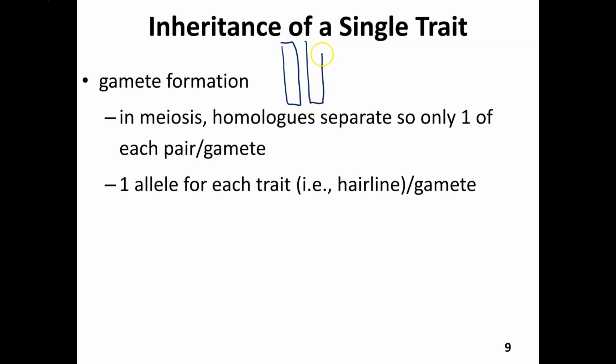So here's two chromosomes. They're homologs. You can have a big G and a little g, or you might have a big H and another big H. But only one of these alleles for each is going to go into that gamete. So you might give the little g or the big G to your offspring.